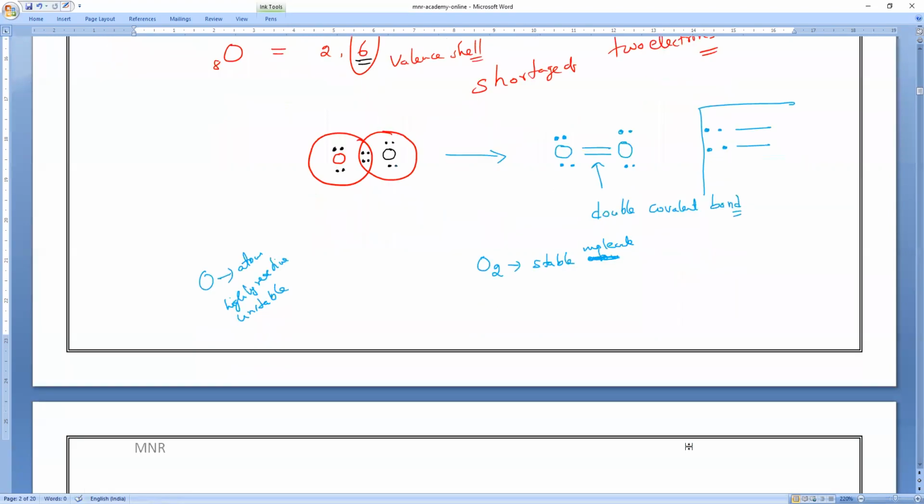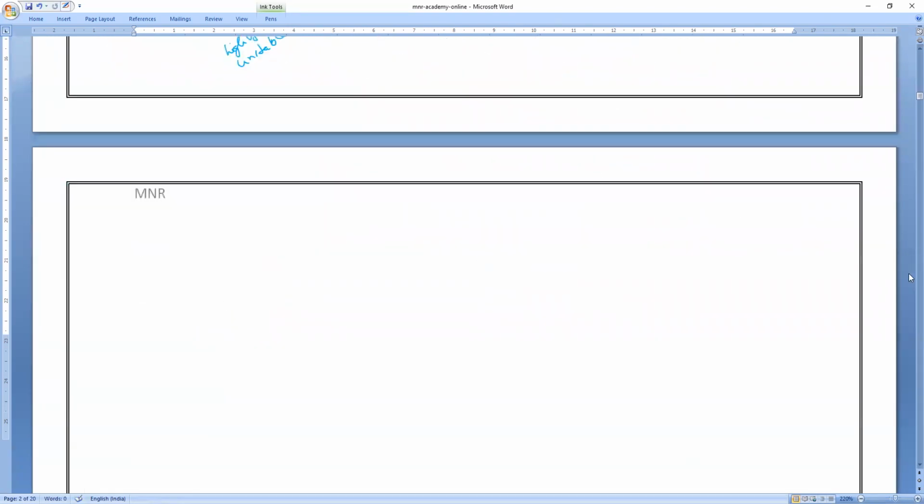Next, formation of N2. N2 means the nitrogen molecule. We all know the electronic configuration of nitrogen.